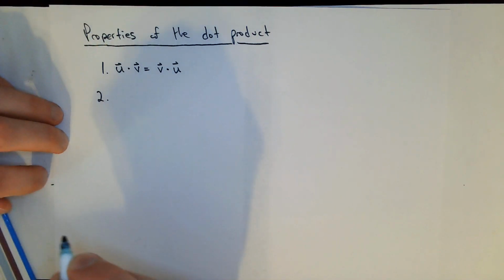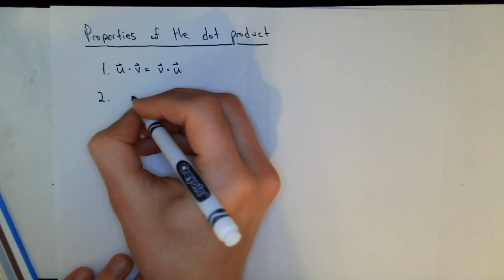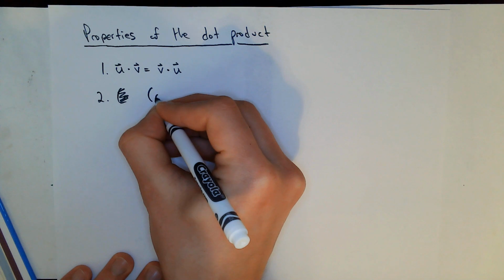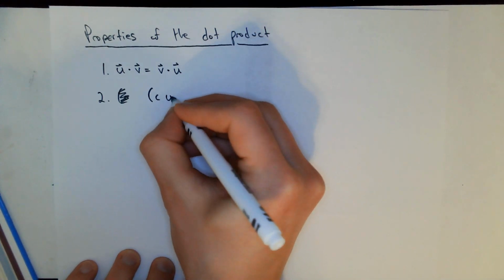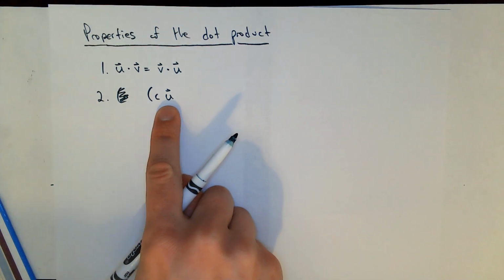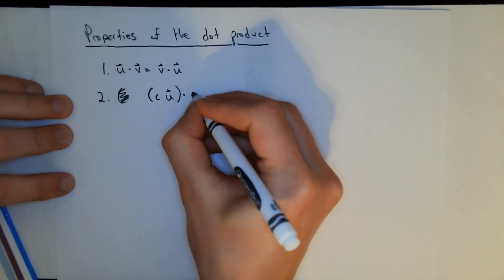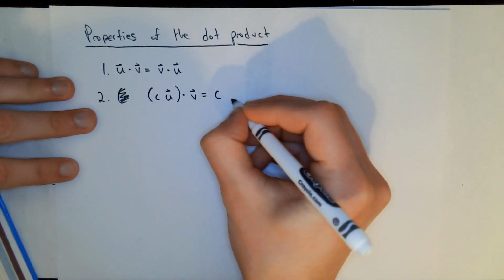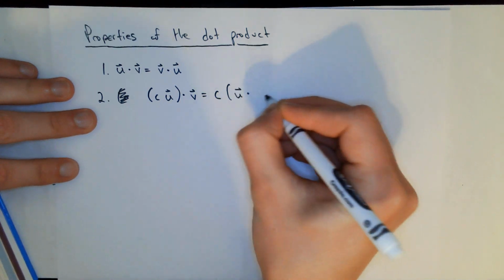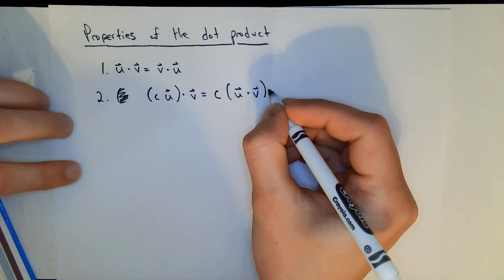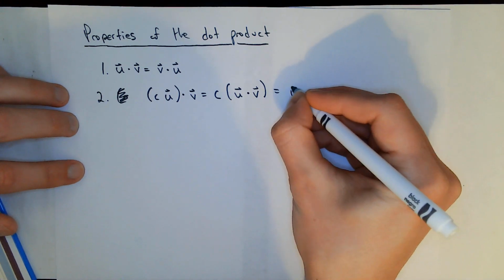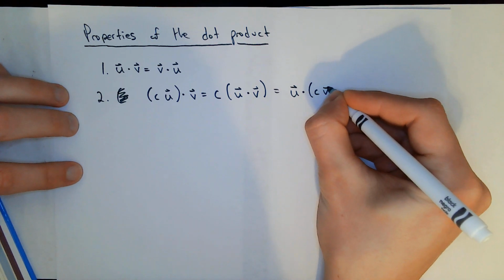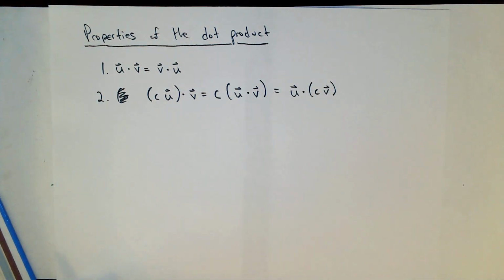All right, part 2 here: some scalar c times vector u, so that's just a number times a vector, and then dotted with another vector, is the same as that scalar being on the outside, and also the same as the scalar multiplying onto the other vector.